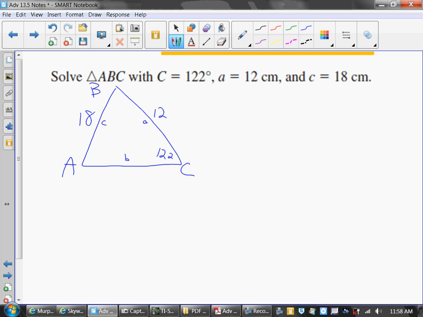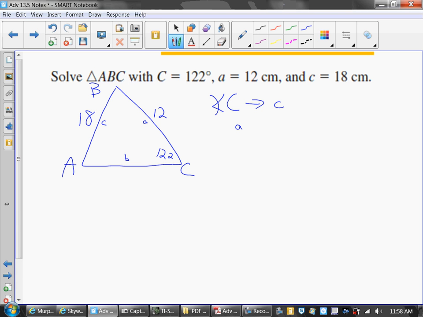So in this case here, we are given the angle C and the side opposite it is the little c. Those are the two things we're given. The other side is side a. Everybody agree with me on that?